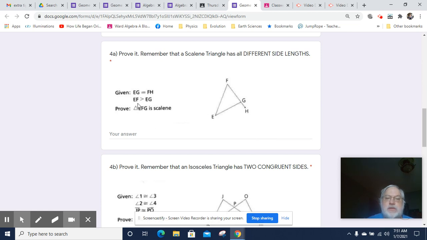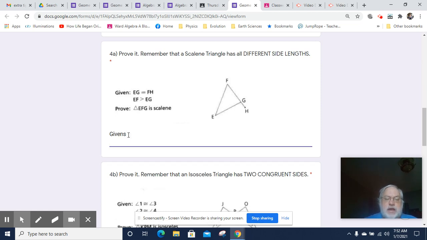We also know that EF is larger than EG. That's what I meant to say. So after we take care of the givens, let's lay them out.